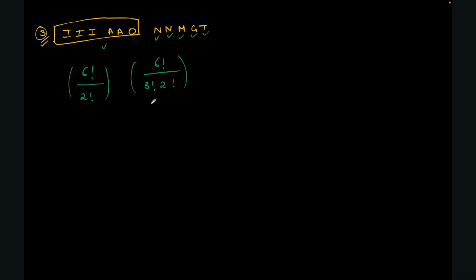Remember, this is inside the bundle. If I want to try simplifying it, I can. I have 6 factorial times 6 times 5 times 4 times 3 factorial, divided by 2 times 2 times 3 factorial.